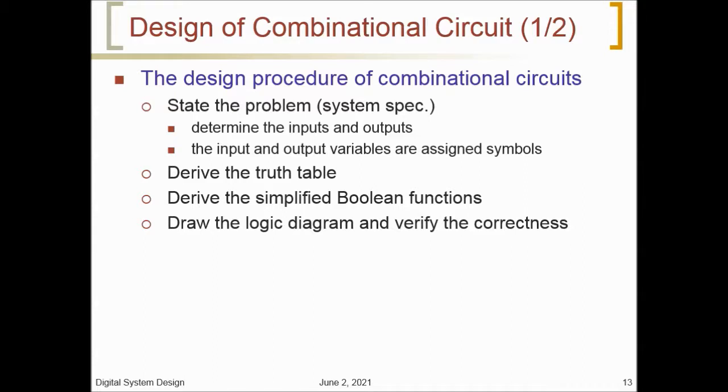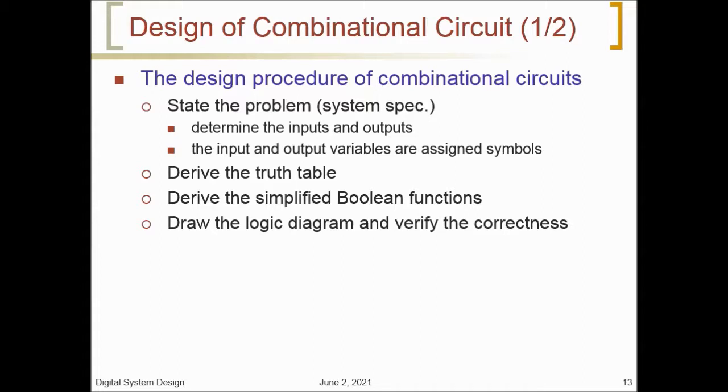Number three, obtain the simplified Boolean function for each output as a function of the input variables. Number four, draw the logic diagram and verify the correctness of the design manually or by simulation.